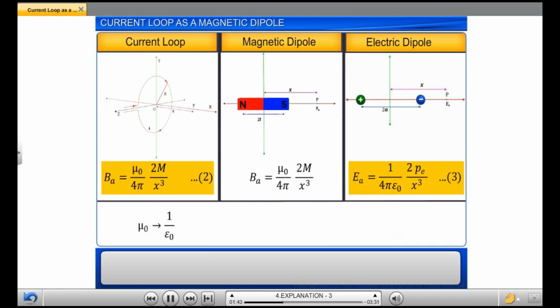This depends on the medium where the electric dipole or the magnetic dipole is placed. M is analogous to PE. That is, the magnetic dipole moment is similar to the electric dipole moment. Also, BA is similar to EA. That is, the magnetic induction is similar to the electric field intensity.